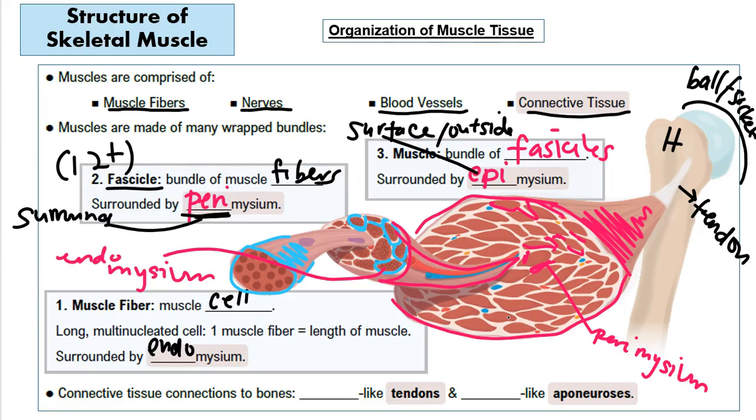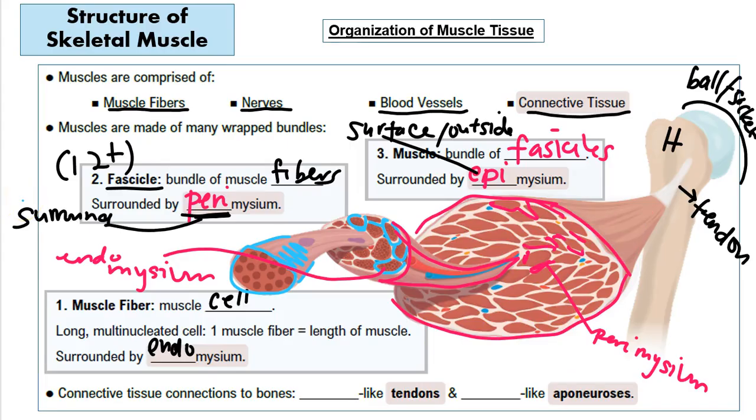That would be like with the fancy Kobe beef. But if you're just getting a regular steak, all that marbling is the perimysium. Those are the bundles of muscle fibers, which is what a fascicle is, and all those fascicles are surrounded by that perimysium.